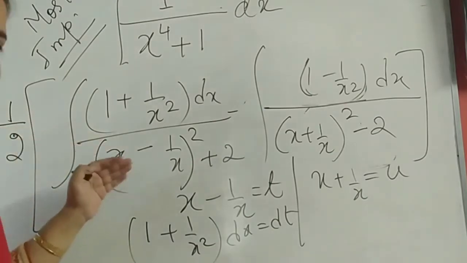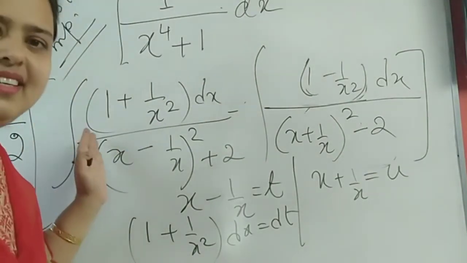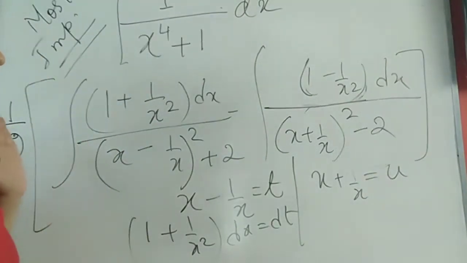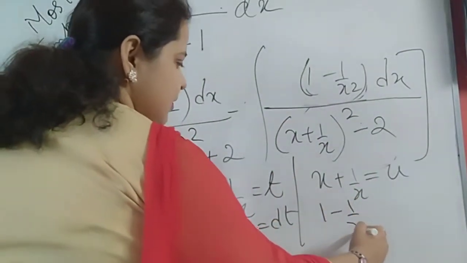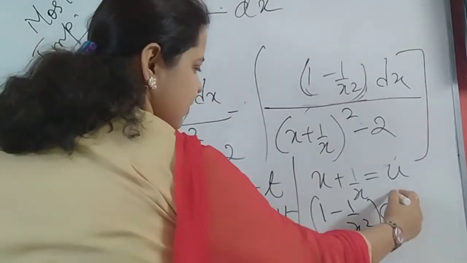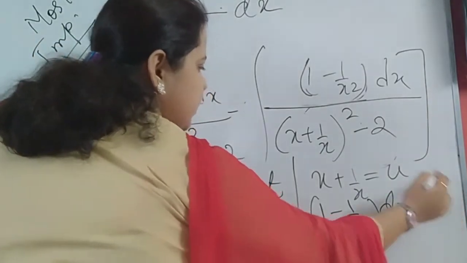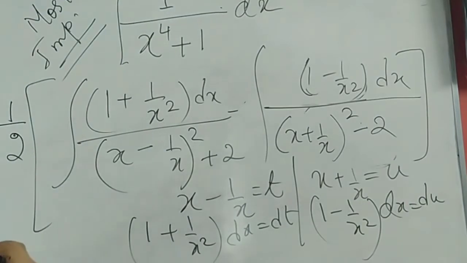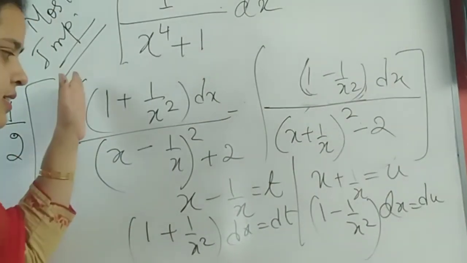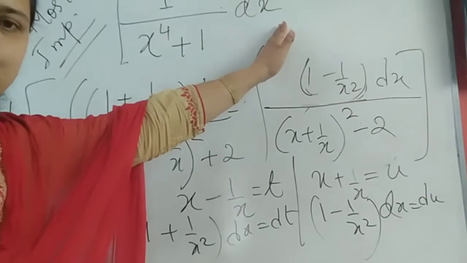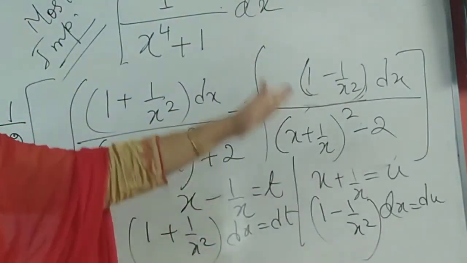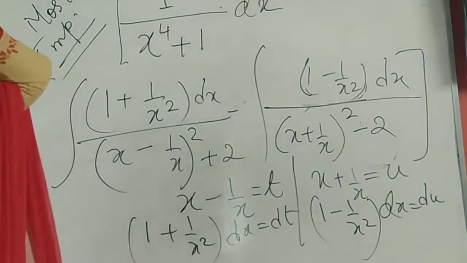If this is t, then this is dt. And if this is u, then this is du. Are you getting my point? If this is t, then this is dt. If this is u, then this is du. So proper substitution is important.